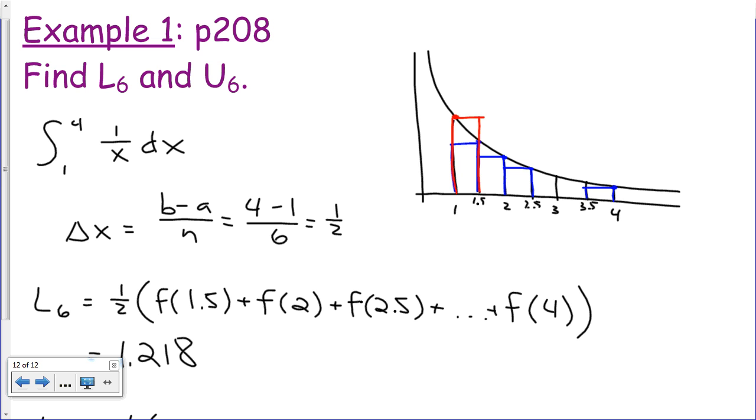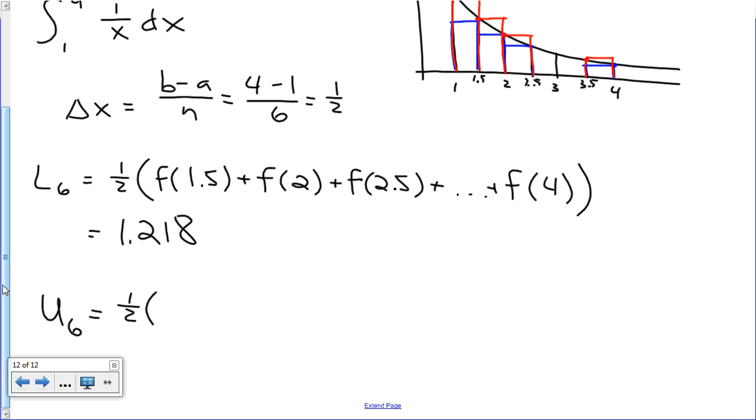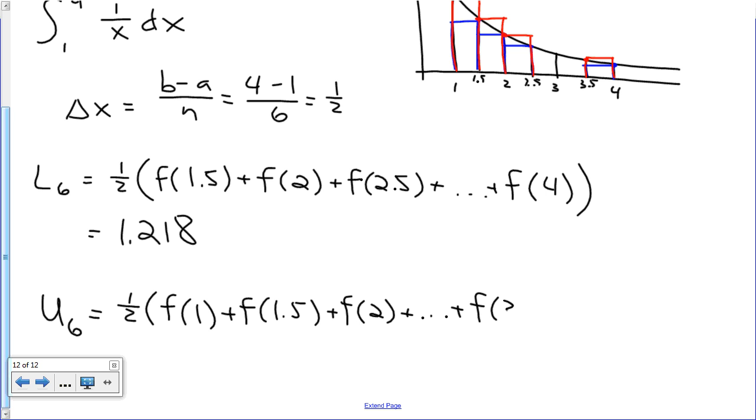In the next subinterval, I'm going to use the left side of it as well, and so forth, all the way up to the very last subinterval, using the left side again to determine the height of my rectangle. So in this case, the left-hand Riemann sum is going to give me the upper Riemann sum as well. So I've got my function at 1 plus my function at 1.5 plus my function at 2, all the way up to my function at 3.5.